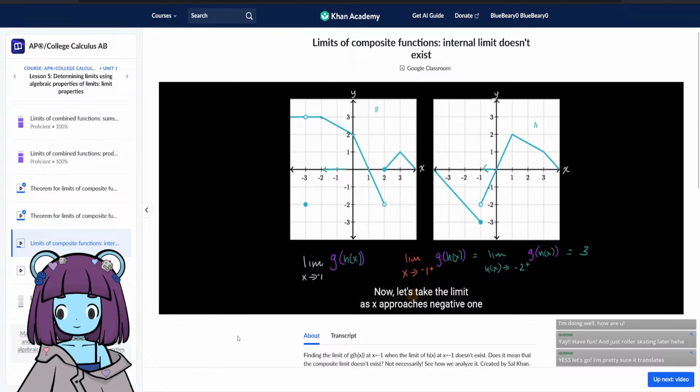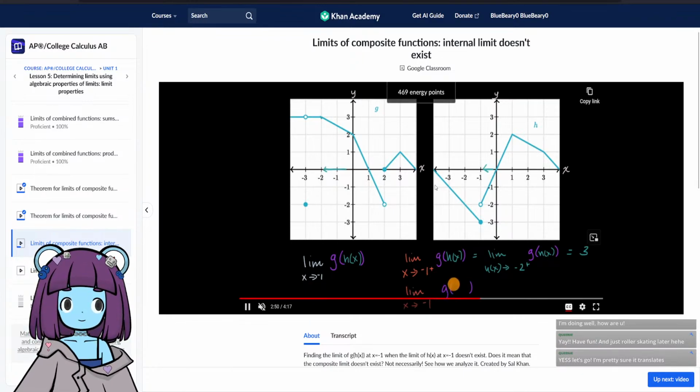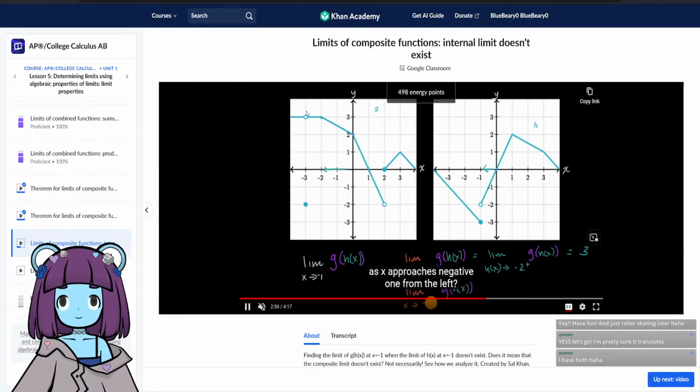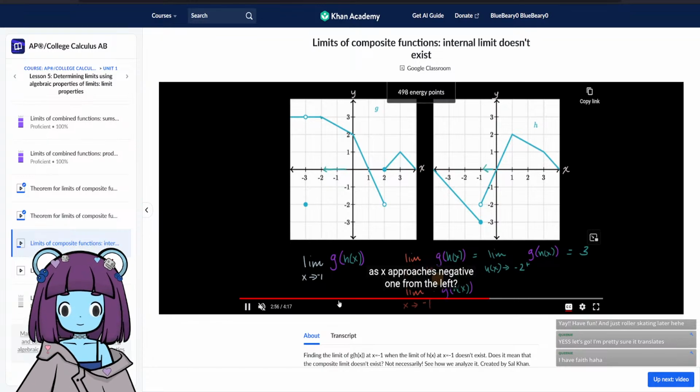Three, okay. I'm getting it. You do that for the right side, which means it would be -3. So -3 of g of x would be 3 as well.